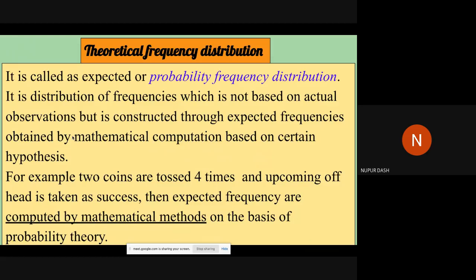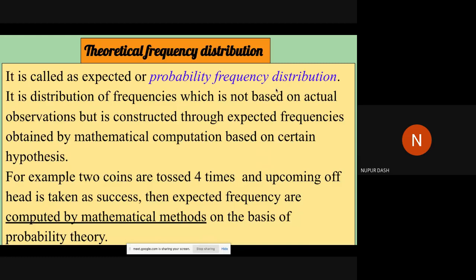This is very important, students. But it is constructed through expected frequency, meaning we are making a guess that this can be expected. Now, this is done by mathematical computations based on certain hypotheses, which we are going to study in the next slide, that is, what mathematical computation we use by which we get this probability frequency.